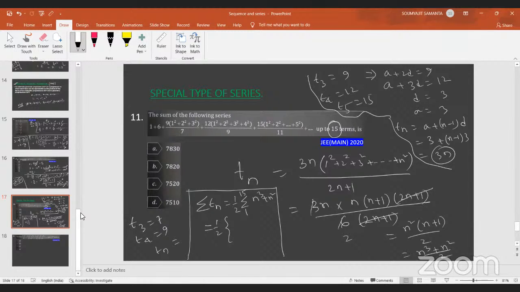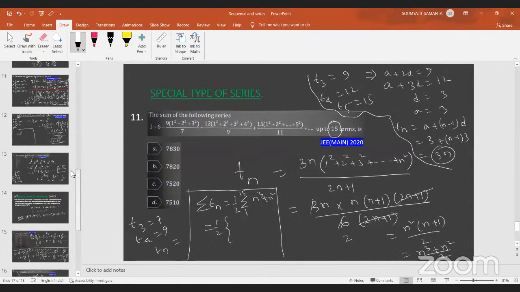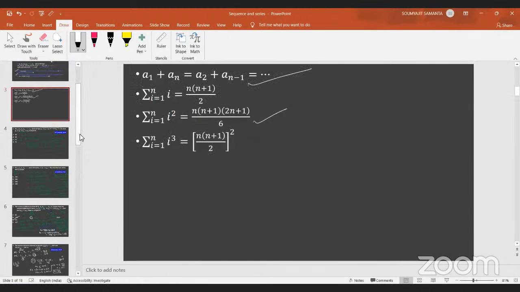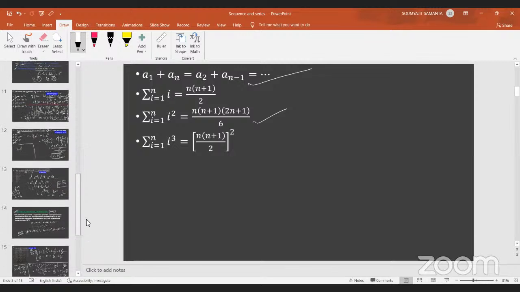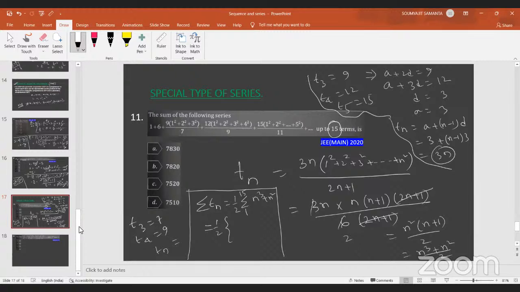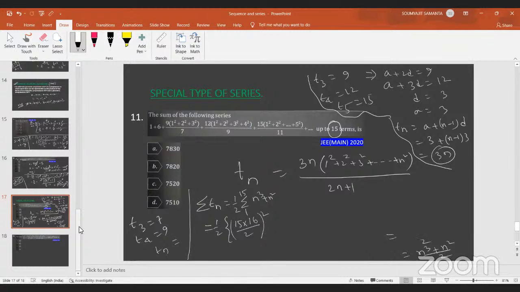Now we'll apply it for n cube. We have seen the formula for n cube: n into n plus 1 by 2 whole square. What is n here? n is nothing but 15. So 15 into 15 plus 1, that is 16, by 2 whole square. Clear? What about n square? Summation of n square, I am writing the formula.